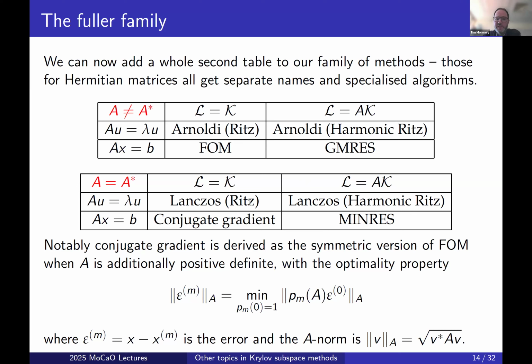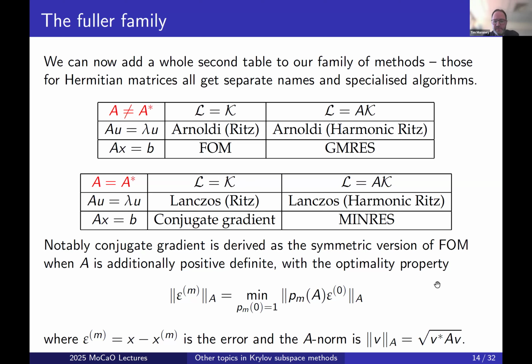And here's where there is a difference. Whereas I would always reach for GMRES, I'd much rather reach for MINRES, because if you've got, as you often do, a problem that's SPD, the conjugate gradient method sits in here as the analog of FOM when you use L equal to K, and in that case, you get a very nice optimality property that actually involves the error.